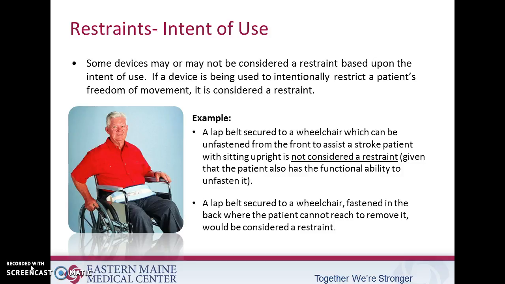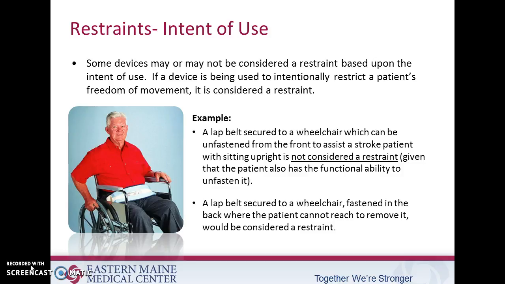So, we have to think about, is this device being used to intentionally restrict a patient's freedom of movement? A pretty easy example here is a lap belt, and during our demo we'll look at the lap belt used in both different ways.